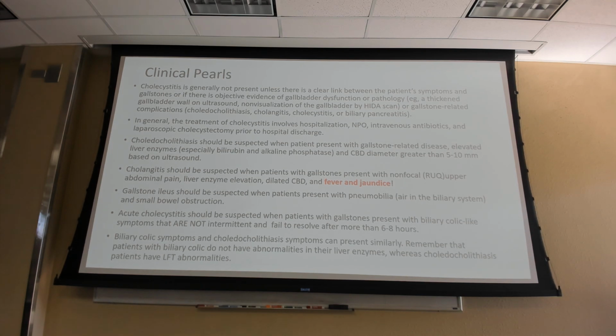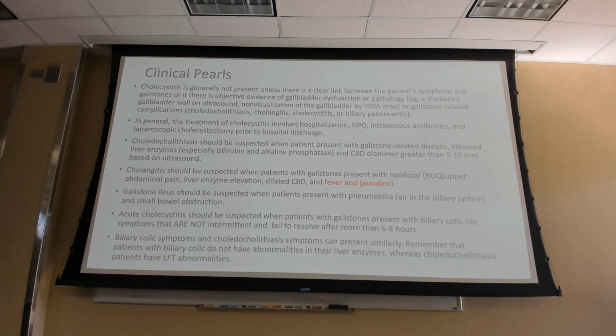So what tests are we going to use if we were worried about choledocholithiasis? Yeah, ERCP. Good. And then what if, like I said earlier, they don't have those findings, what are we going to call it if we just have gallstones on there, but they don't show any of the signs of cholecystitis? It's symptomatic cholelithiasis.